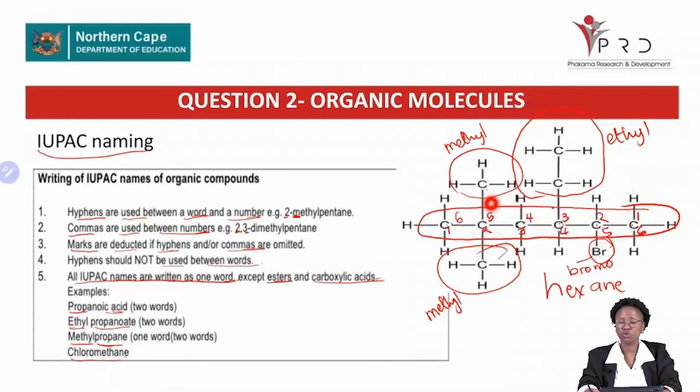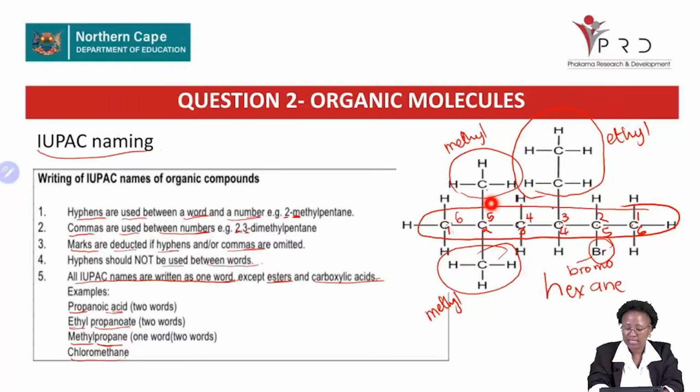The next thing that I'm going to do is to check between the methyl and the bromo, which one is more substituted. The one that is more substituted is the one that has more of the same thing. So I have 2 methyls. That means that methyl is more substituted than the bromo. Therefore, the numbering that is going to win is the one that starts from the left-hand side going to the right-hand side. Hope that makes sense.